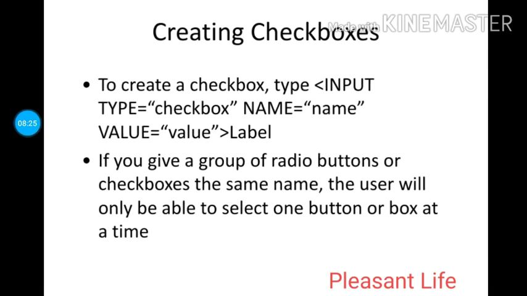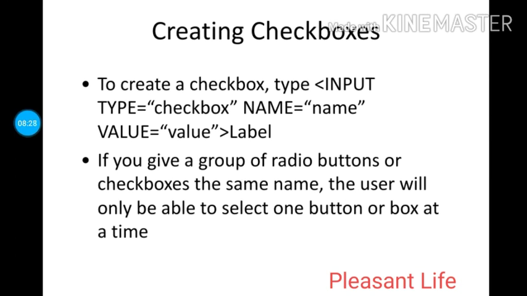Creating checkbox. How to create a checkbox in the form? To create a checkbox, type input type equal to checkbox, name equal to name, value equal to value, then label.